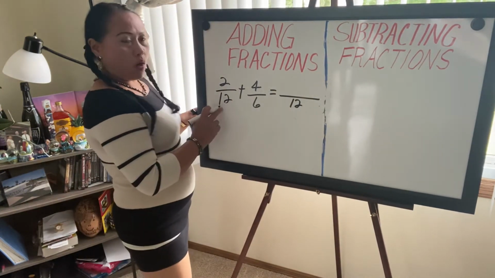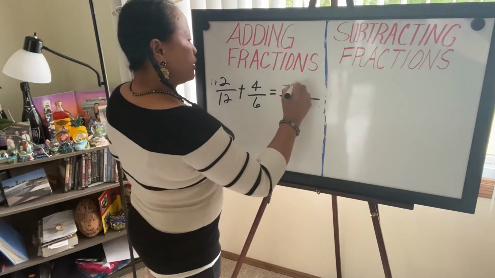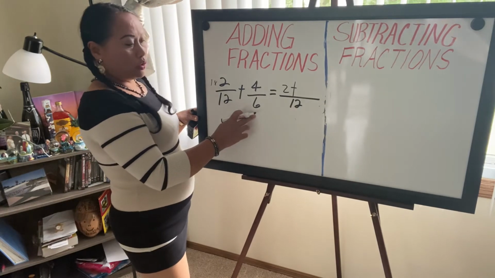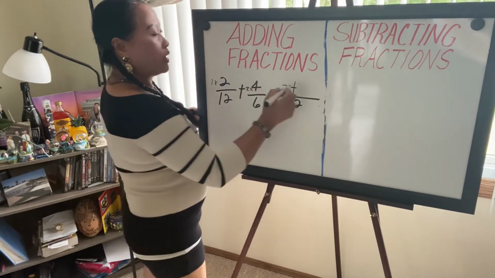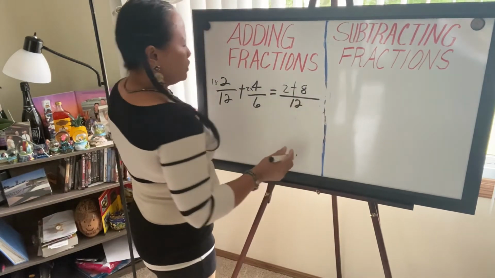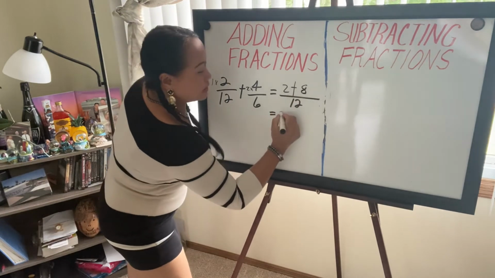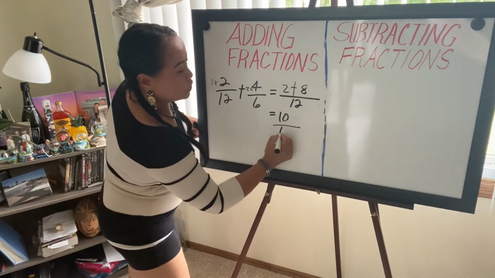12 divided by 12 is 1. 1 times 2 equals 2. And then plus. 12 divided by 6 equals 2. And then 2 times 4 equals 8. So now you will add 2 plus 8, equals 10 over 12.